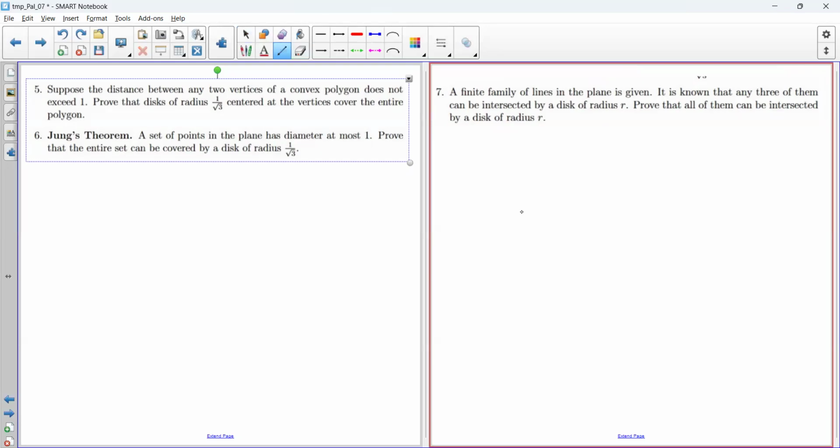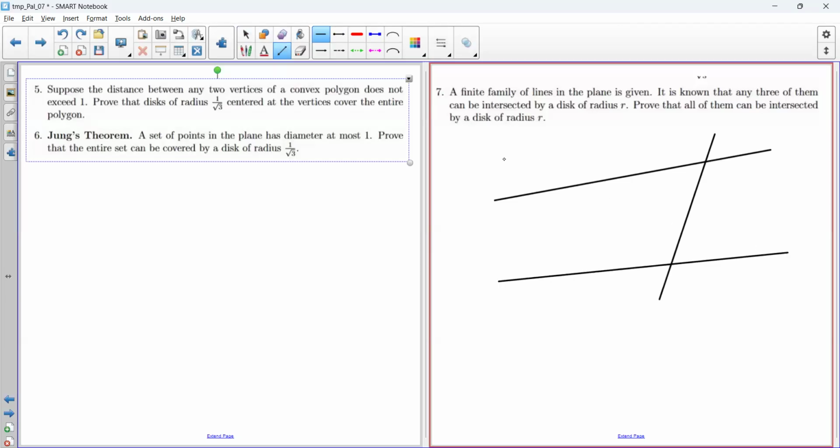So we have a family of straight lines. Yeah, the word straight lines is missing here, but without that word, this problem makes no sense, I believe.